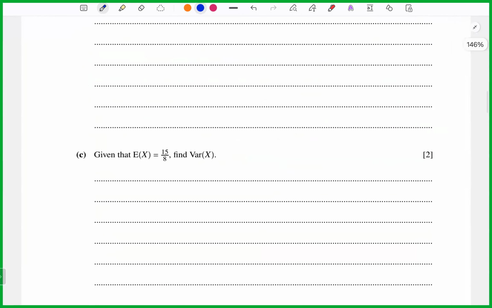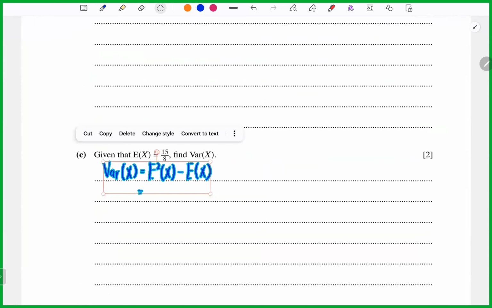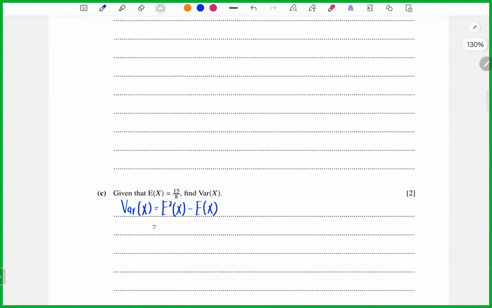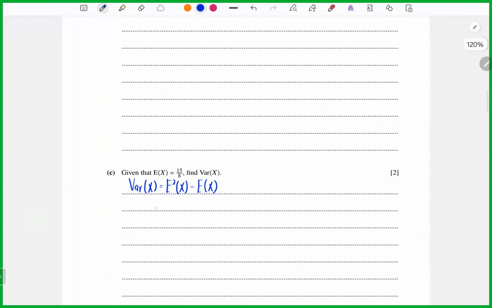C. Given that the expectation equals 15 over 8, find the variance. So now you need to find the variance. For the variance formula, we know it is E of X squared minus the expectation squared. So we can take the values. For the 0, we don't need to calculate, but calculating also can.